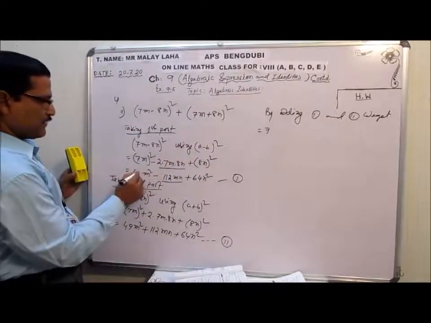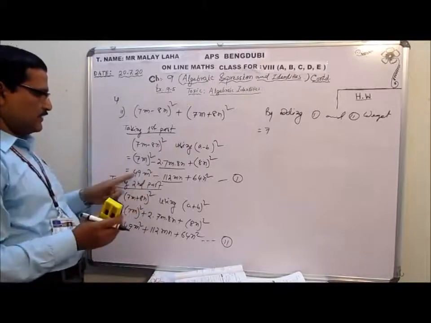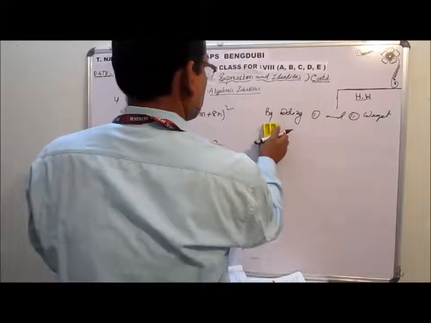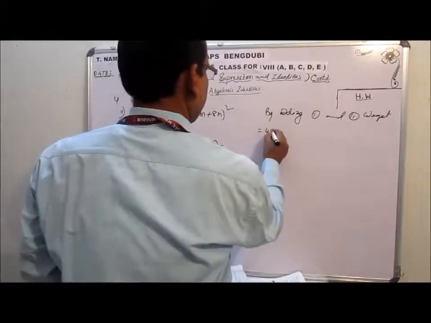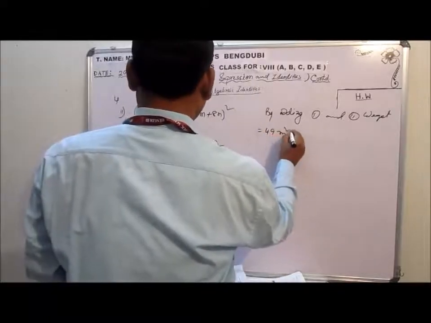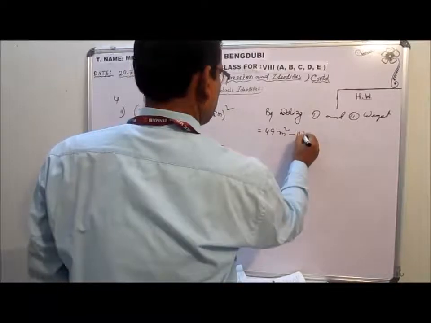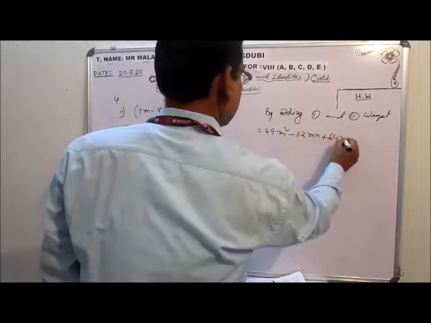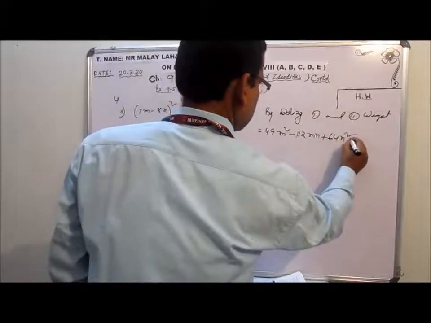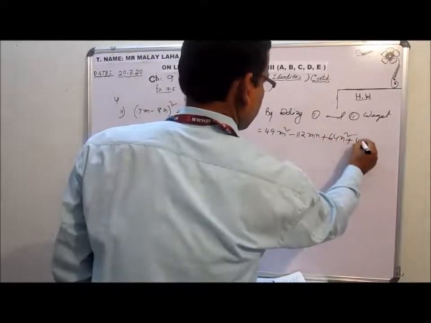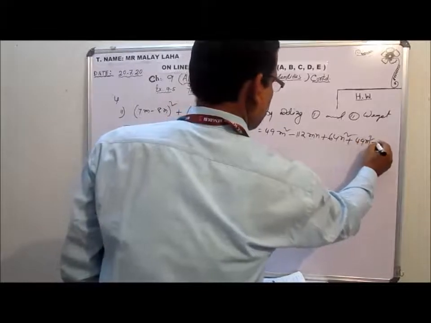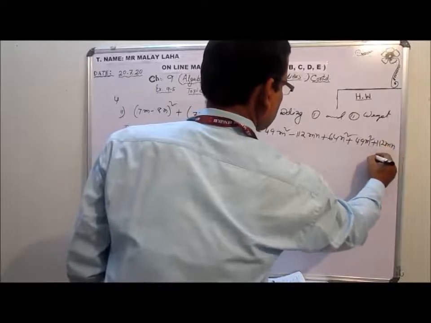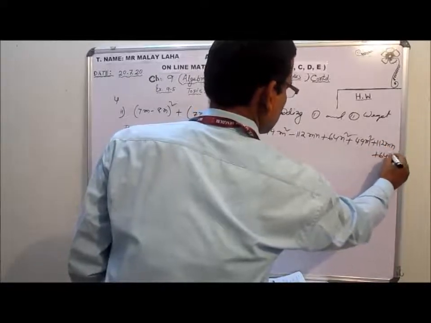We will check it time to time. 49m square minus 112mn plus 64n square plus 49m square plus 112mn plus 64n square.